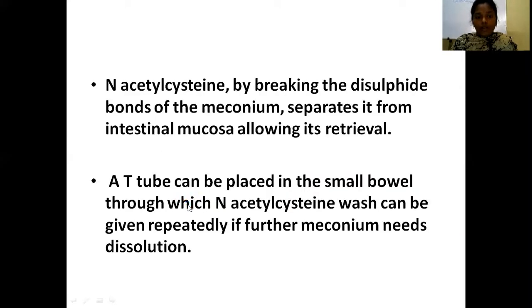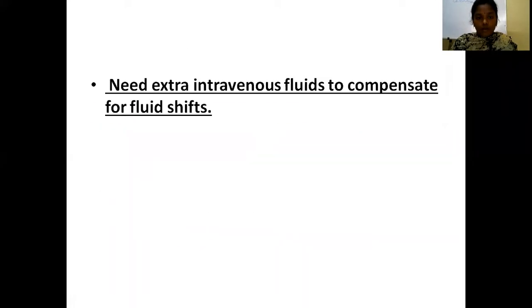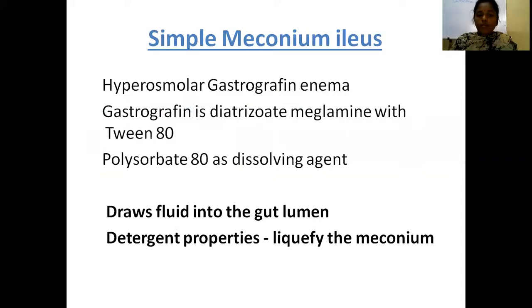So coming to the treatment of meconium ileus, it is divided into two types, simple meconium ileus and complex meconium ileus. For the simple or uncomplicated meconium ileus, it is non-operative or conservative management using hyperosmolar gastrografin enema.